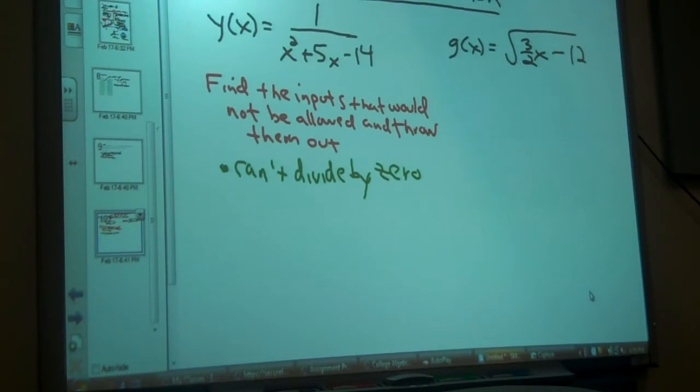Oh, I see. Okay. Yeah. That's one of them. That's both of them. Factor that: 2 numbers that multiply to give you negative 14, and add to give you 5.